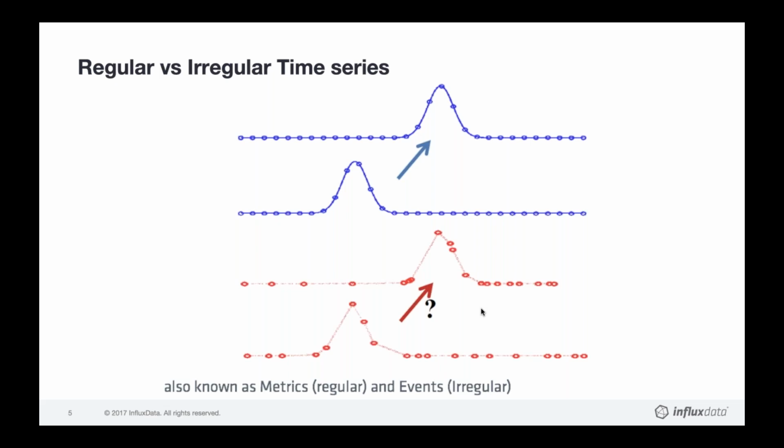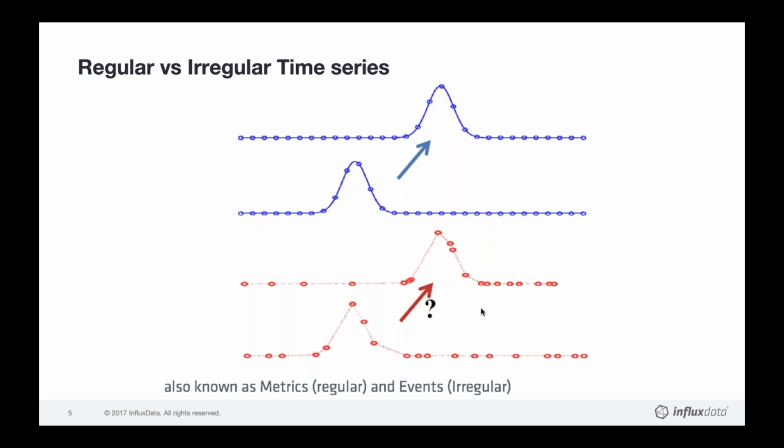Regular is when you collect that measurement on time intervals that are the same. They don't change, every second, every minute or day, whatever, but everything is collected at expected time intervals. And a series like this would look like this blue line on top.